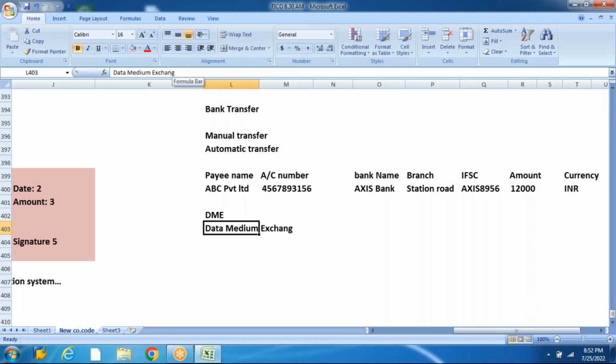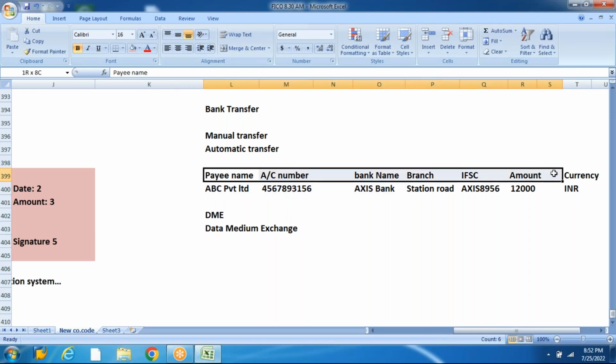This data medium exchange is nothing but generating a payment file from the system, maybe in this format. And this DME file, we will share it with the bank. Based on that file, the bank will initiate the payment.